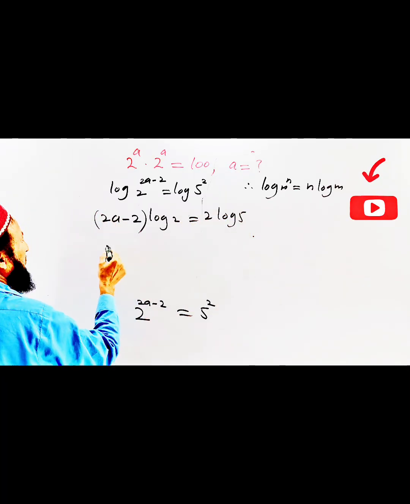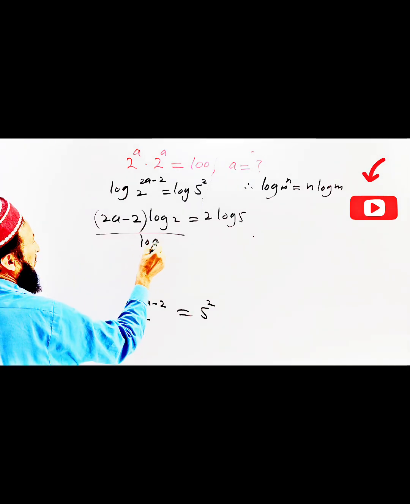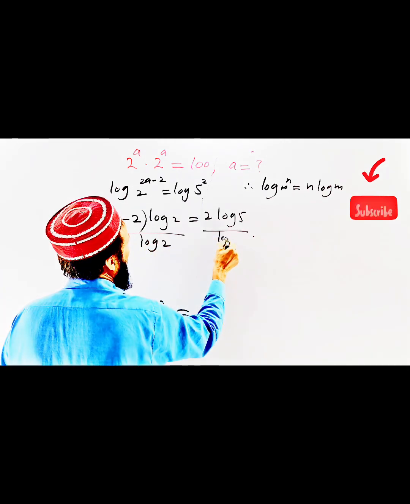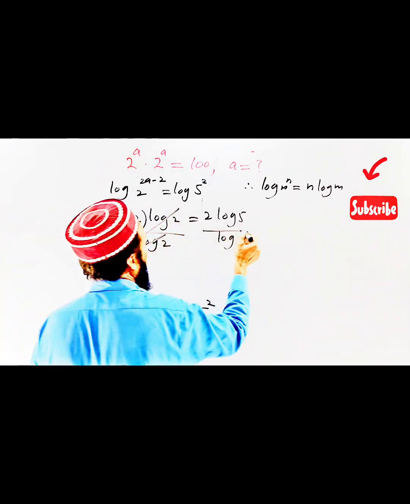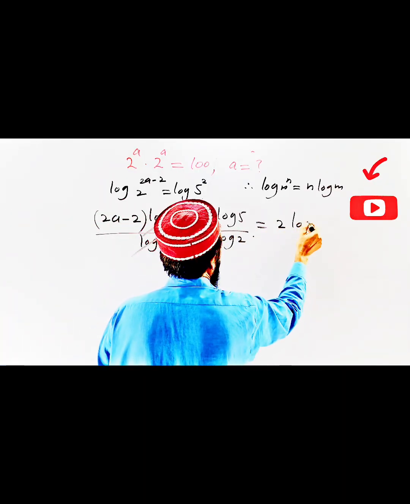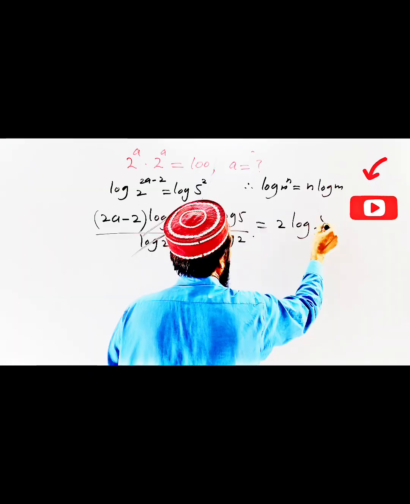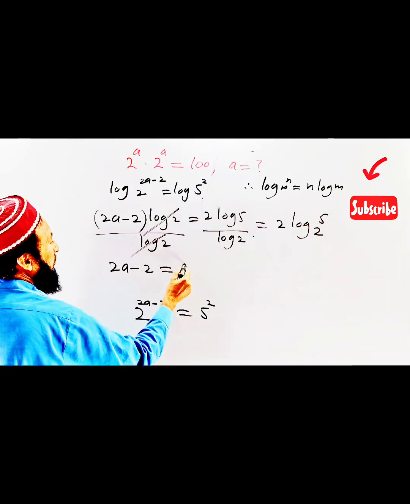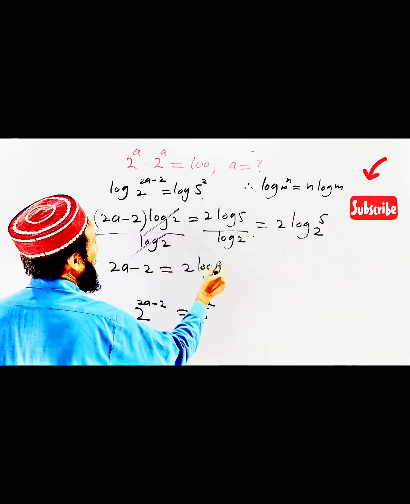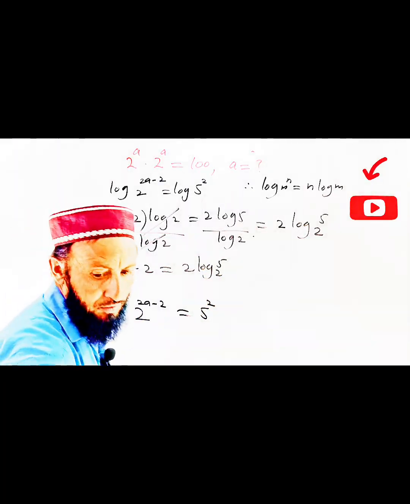Now dividing both sides by log of 2, log of 2 is cancelled on both sides, and using the base law, we take one base, log of 5 with base 2. Now 2a minus 2 is equal to 2 log of 5 with base 2.